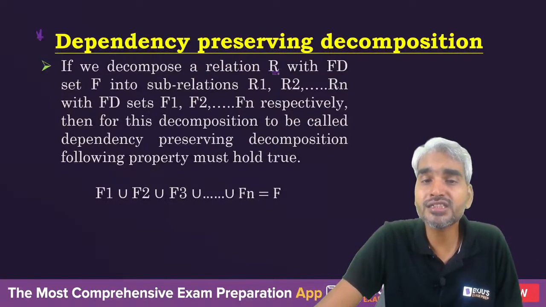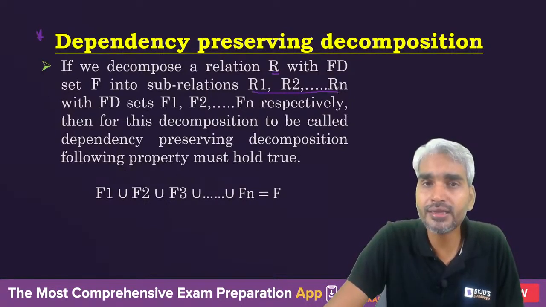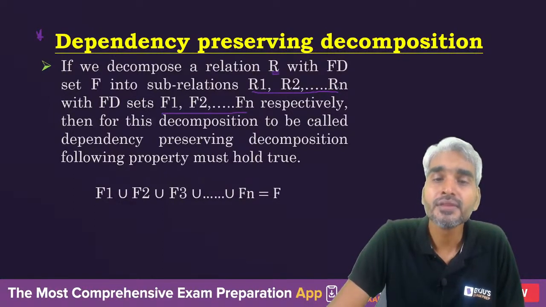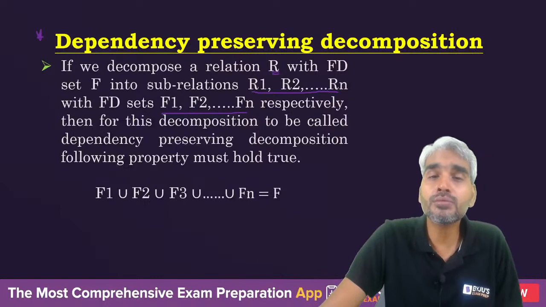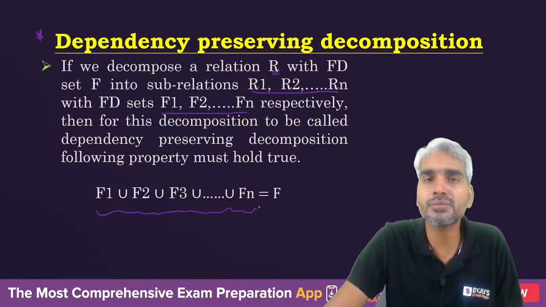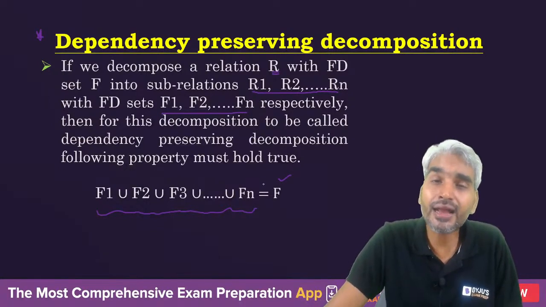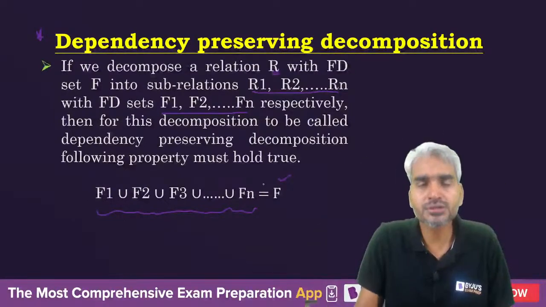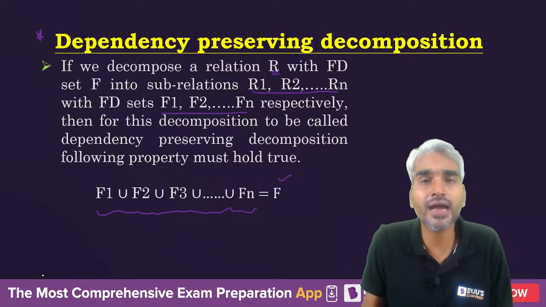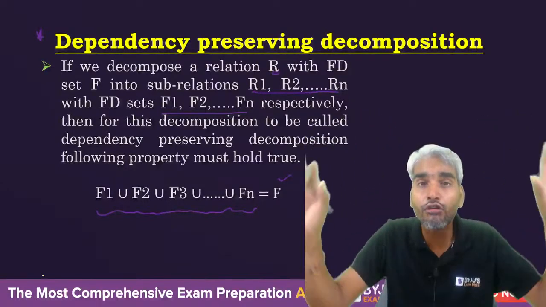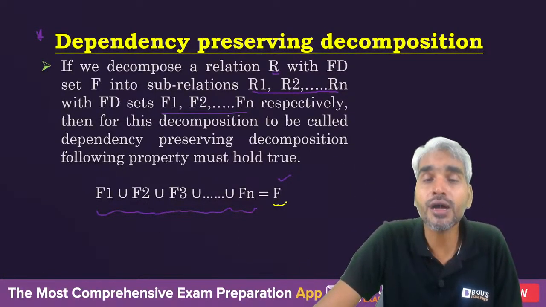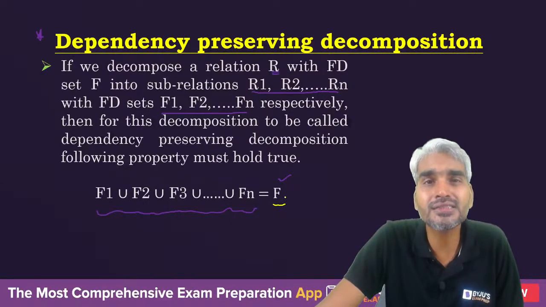If you decompose a relation R into sub-relations R1, R2, R3, up to Rn such that the FD sets of R1, R2, R3 are F1, F2, F3, up to Fn respectively, then for this decomposition to be called dependency preserving, the union of all the FD sets of the sub-relations must be equal to F. No matter how many sub-relations you create for a given relation R, the union of FD sets of all those sub-relations should eventually be equal to the original FD set F.